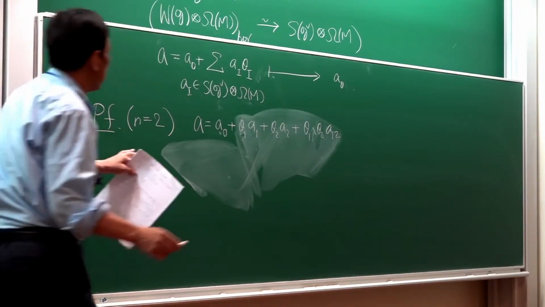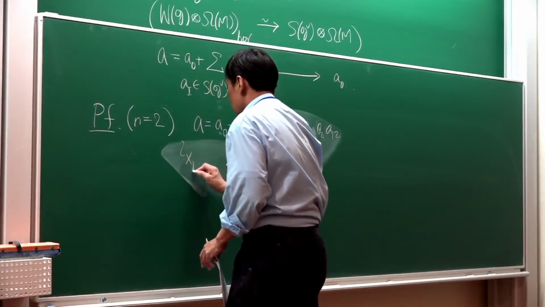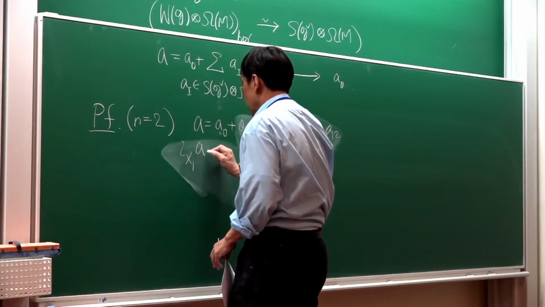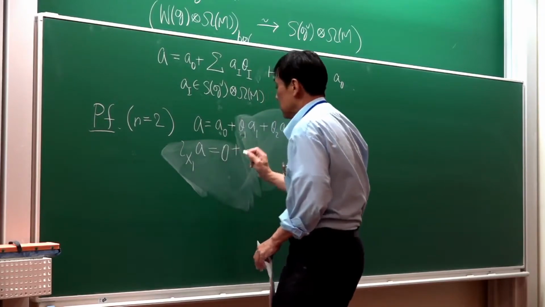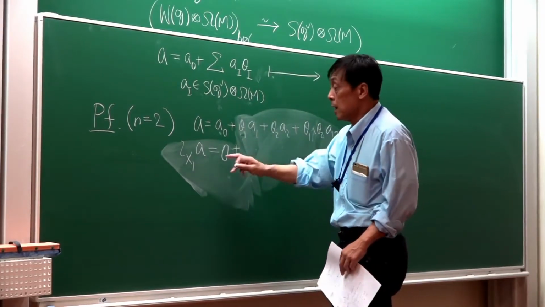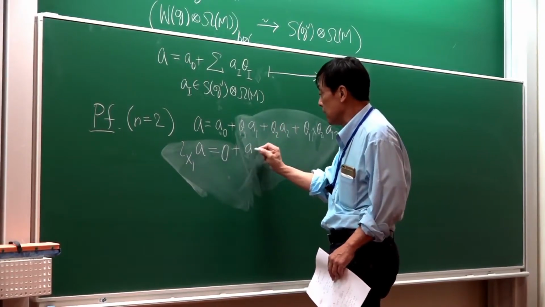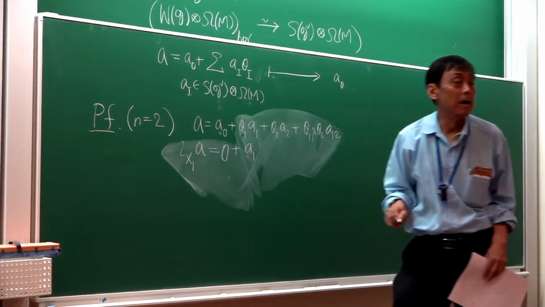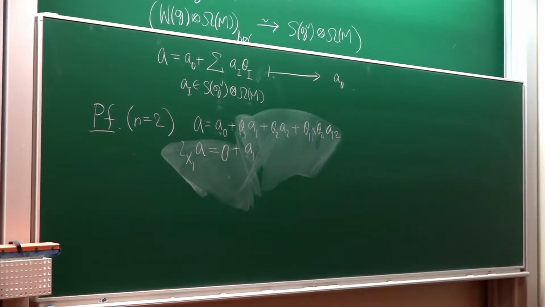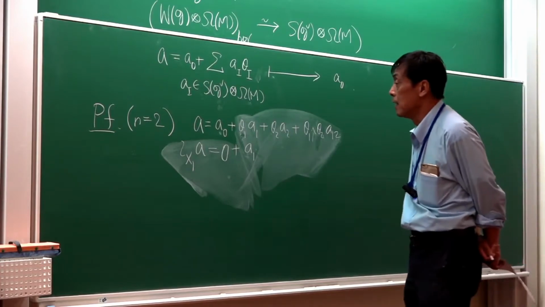If I want to calculate IxA, okay? So I get 0, and then Ix1 theta 1 is 1, so then I get A1 here. Huh? Ix A0?